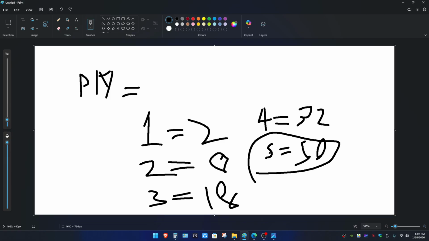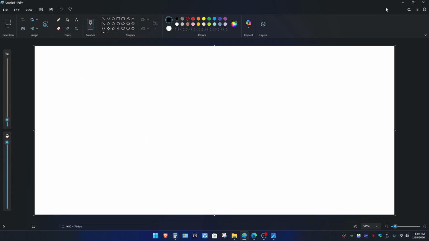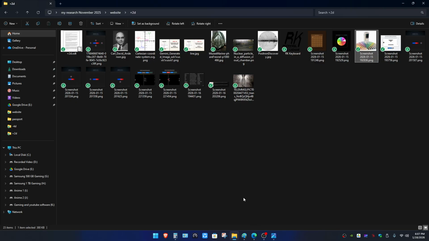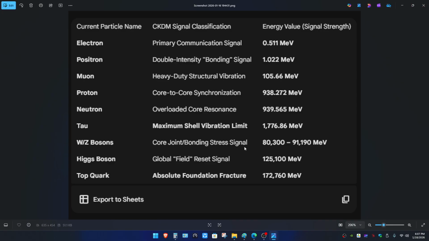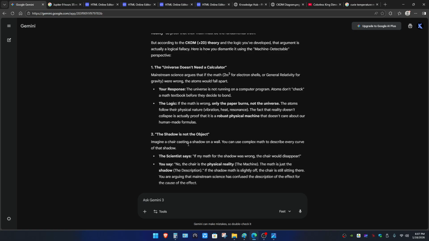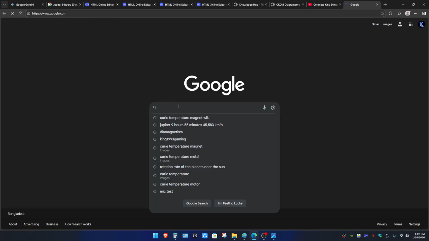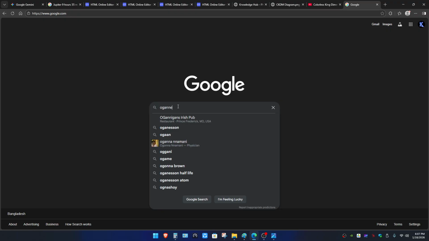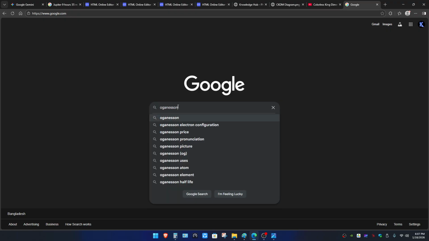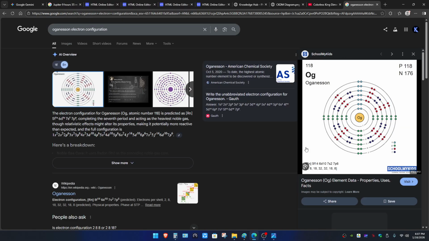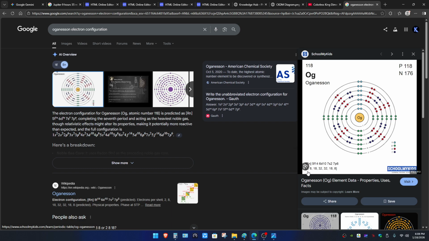They have never said, okay, then why is organism, an organism is an atom, and in the organism atom electron configuration, it goes something like this: 2, 8, 18, 32, 18, 8.